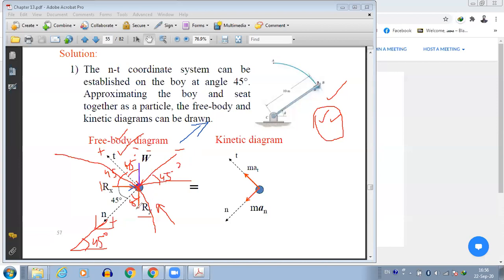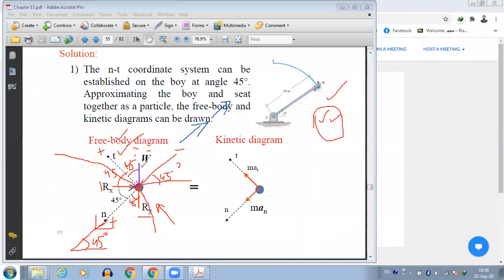What about Ry? The projection of Ry on the normal axis will again be directed outward, so negative. Just remember that Rx and Ry are both negative. What about the weight?